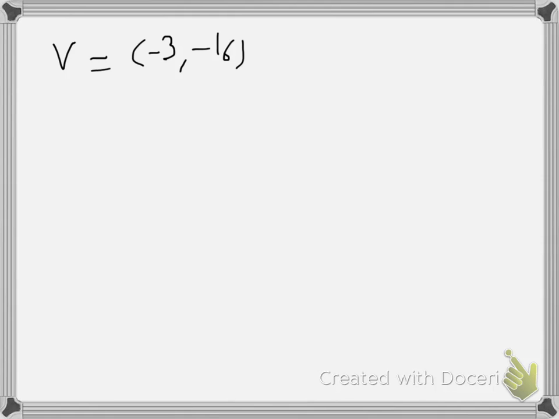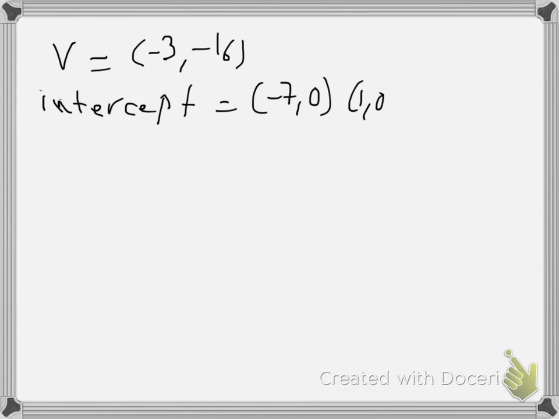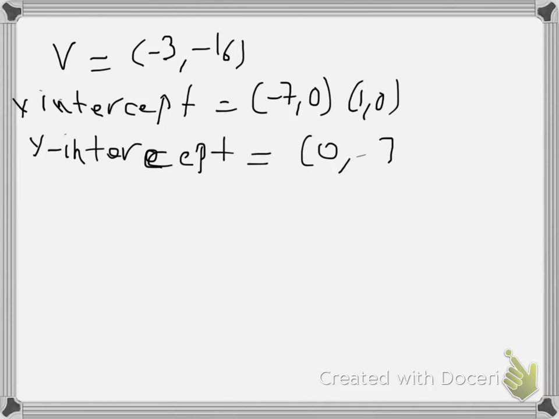I got x-intercepts that are negative 7, 0 and 1, 0, and the y-intercept you got it as 0 and negative 7. So if you combine all three, you get these.